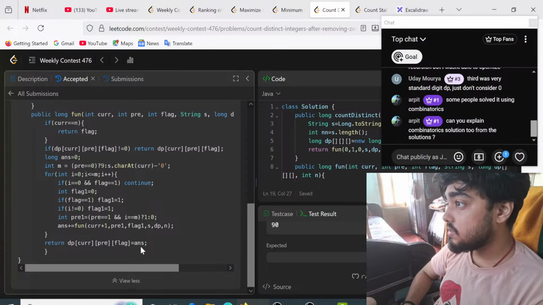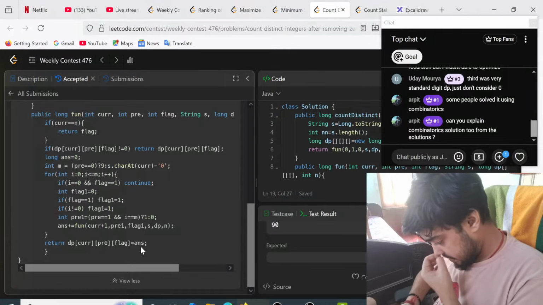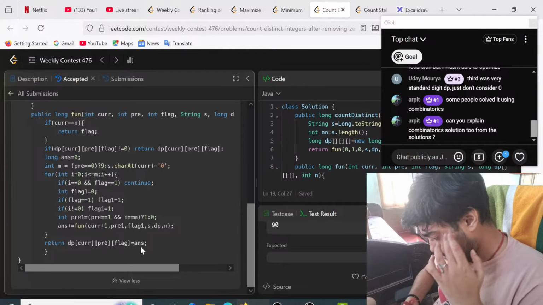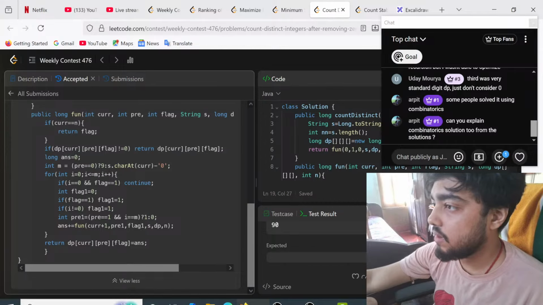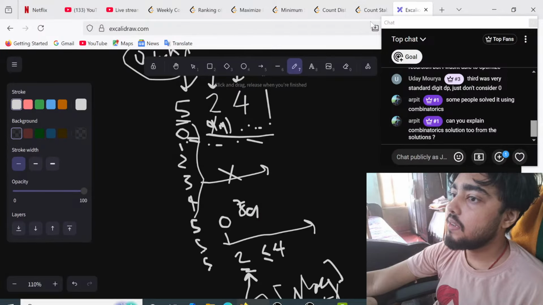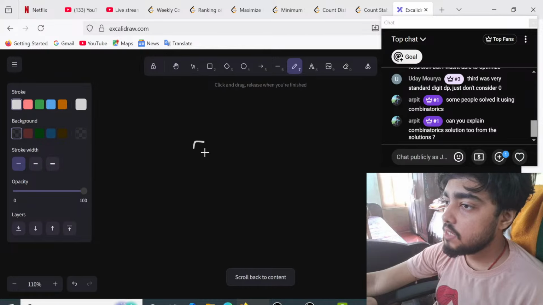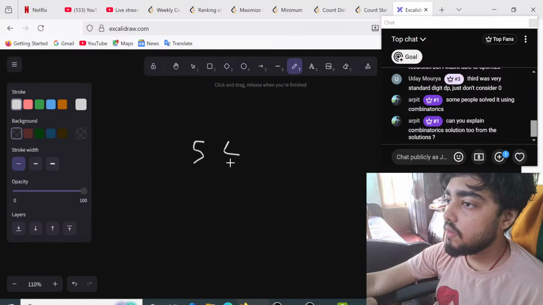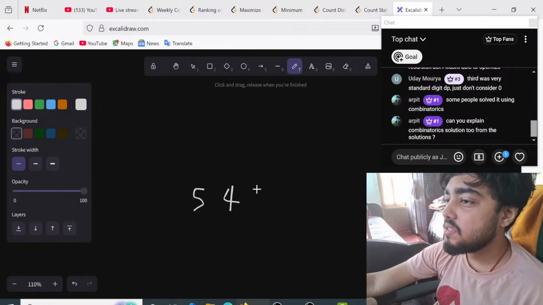Can you explain the combinatoric solution? See, the combinatorics part is the same thing. Whatever I have done, I'll explain with 5 4 1 2.